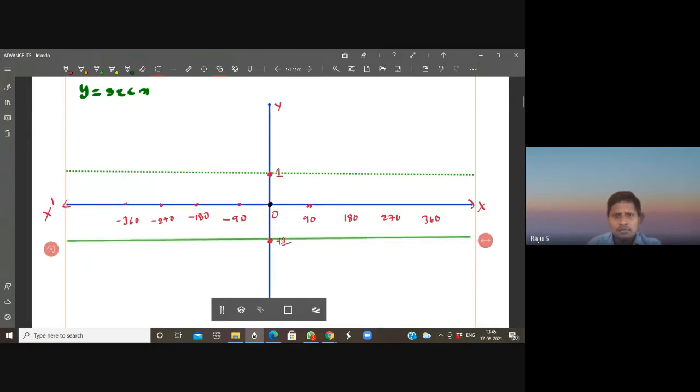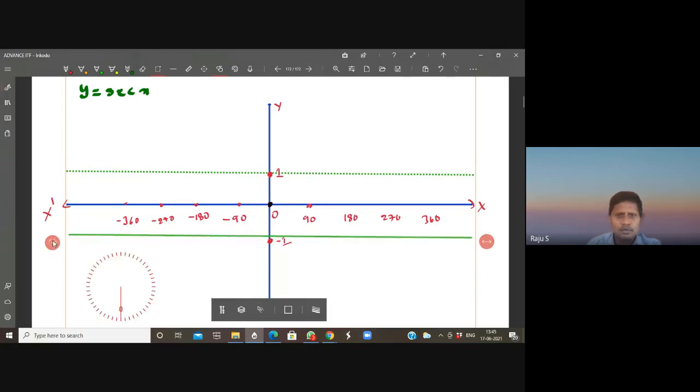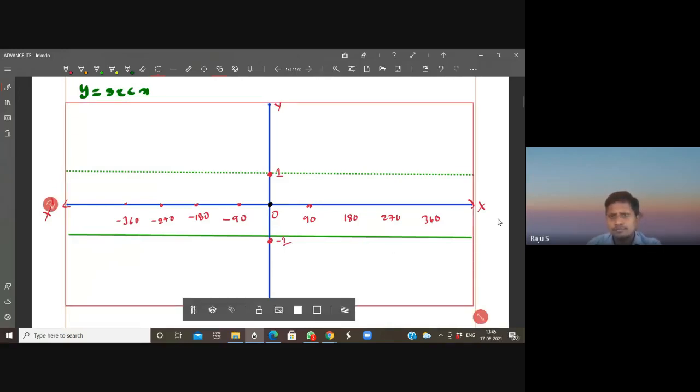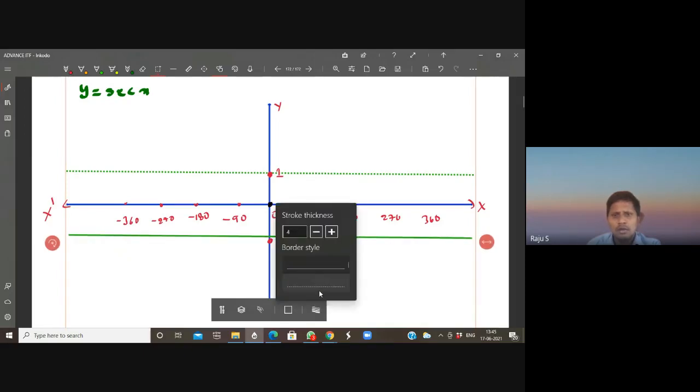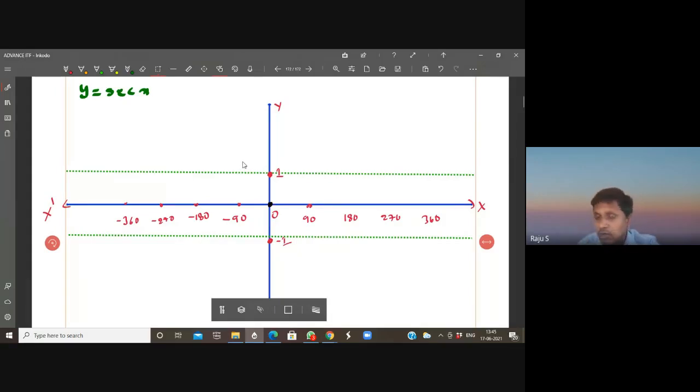So the same distance it has. Okay, students. Now, the dotted line, you need not draw when you want to draw the graph. Don't draw this dotted line. For the sake of our convenience, I drew it to understand easily.